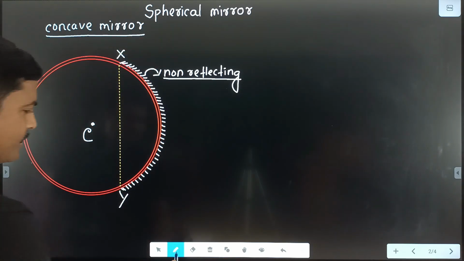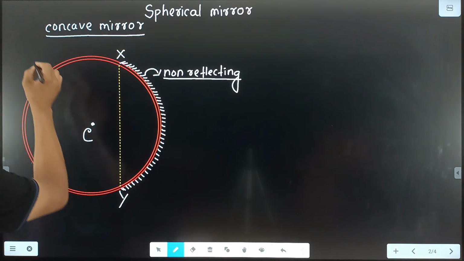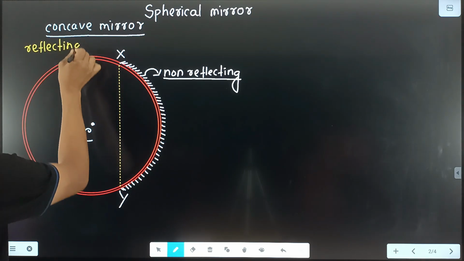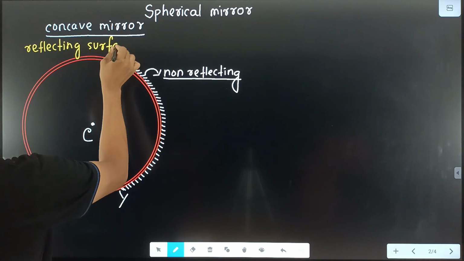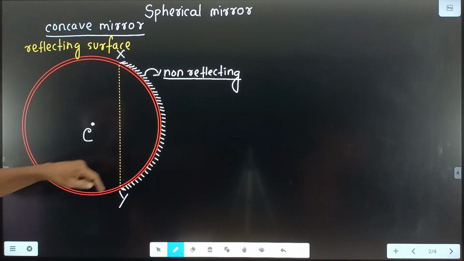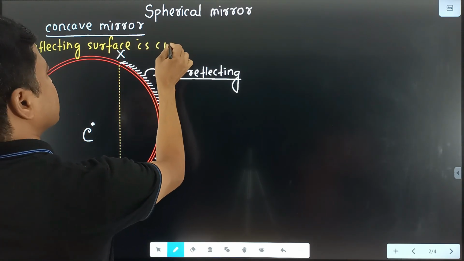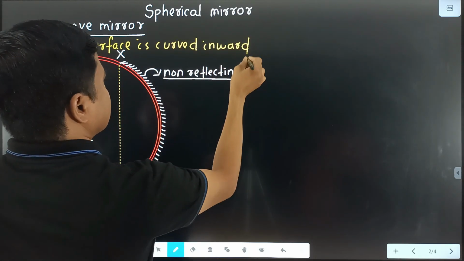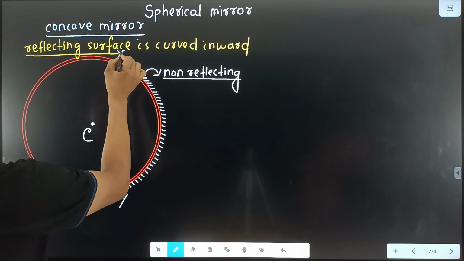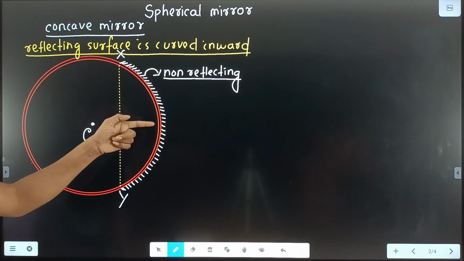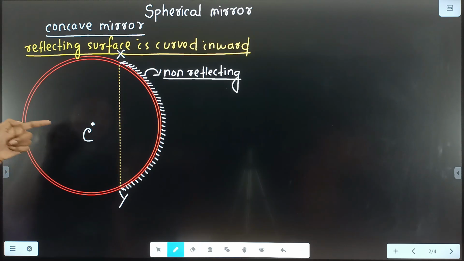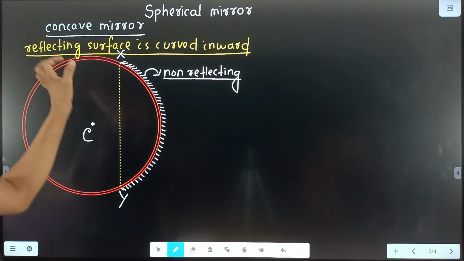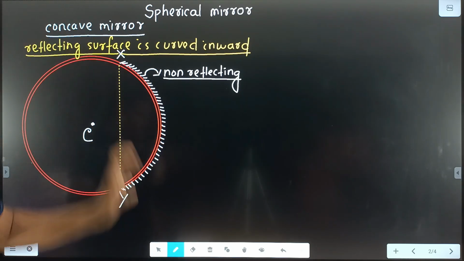That means simply we write here: reflecting surface means this inner surface is curved inward. If the reflecting surface is curved inward, then the spherical mirror is known as the concave spherical mirror.